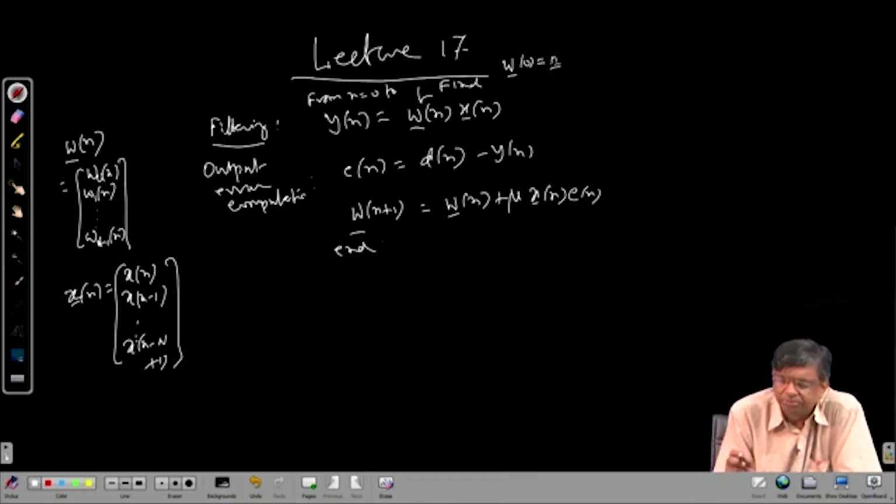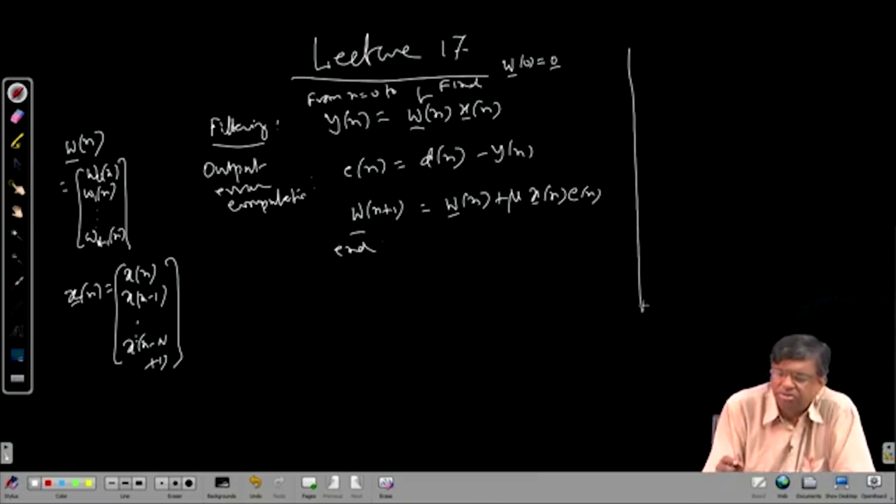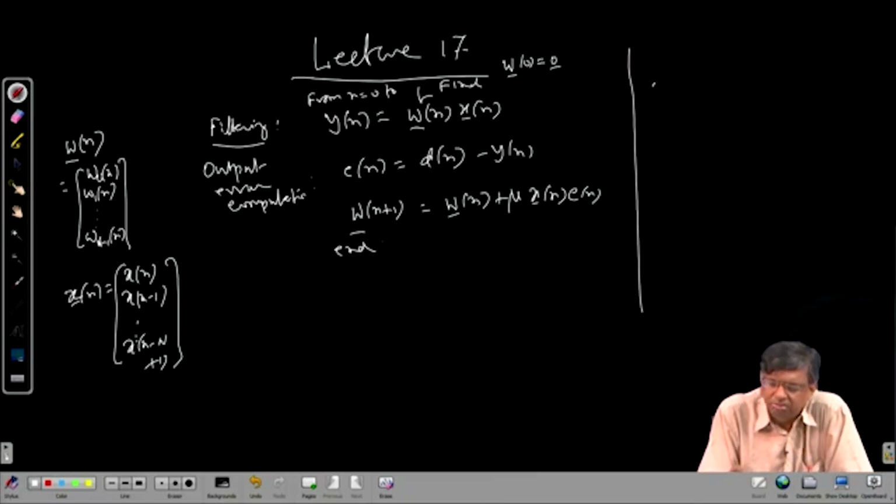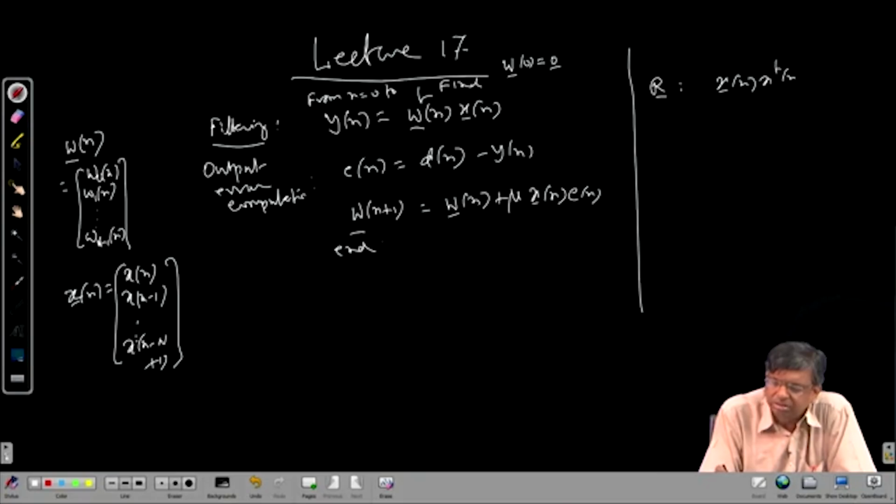This was LMS, and remember this was obtained from the steepest descent procedure by approximating R by a so-called quote unquote bad approximation. Bad approximation in the sense we just took it to be Xn into X transpose n, not averaging over many such matrices.